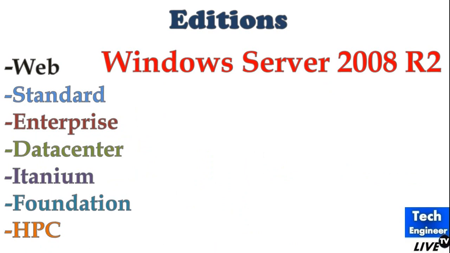Now remember, as I mentioned before, Server 2012 R2 and Server 2012 no longer support Itanium based computers, so the Itanium version is already out. There is no Web version as well, and the Enterprise version and HPC version. So these versions and additions are no longer continuing with Windows Server 2012.